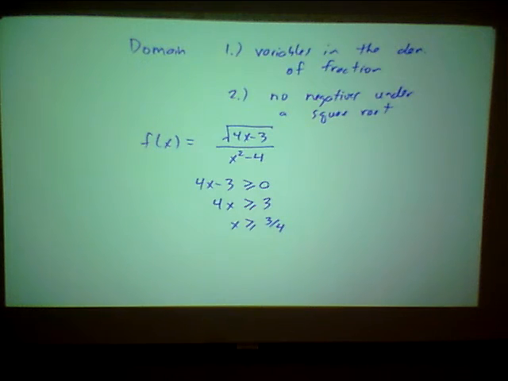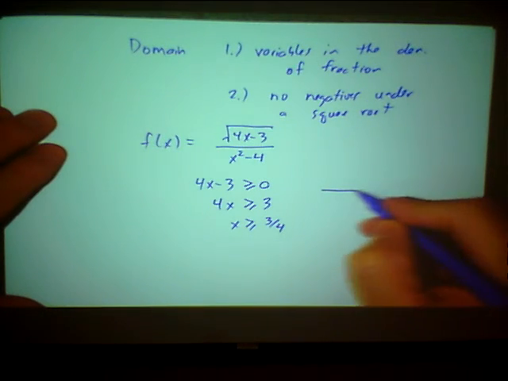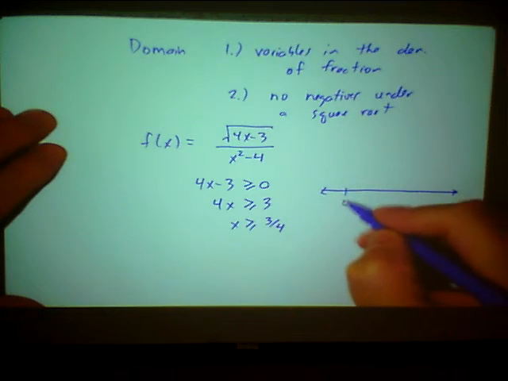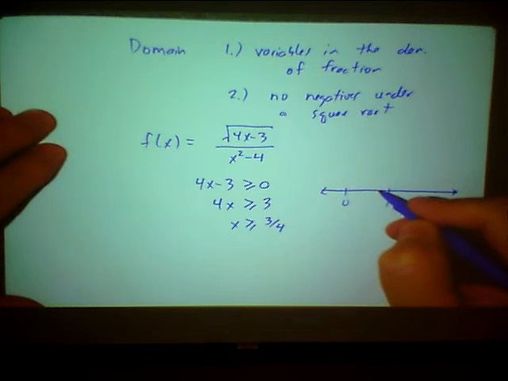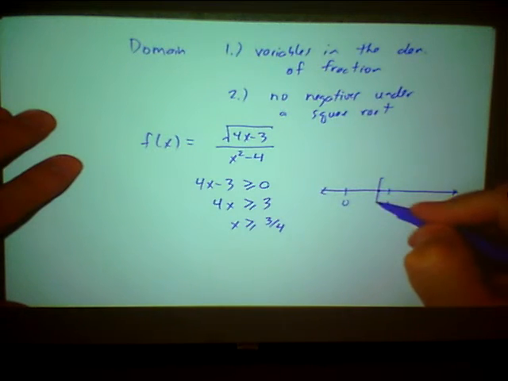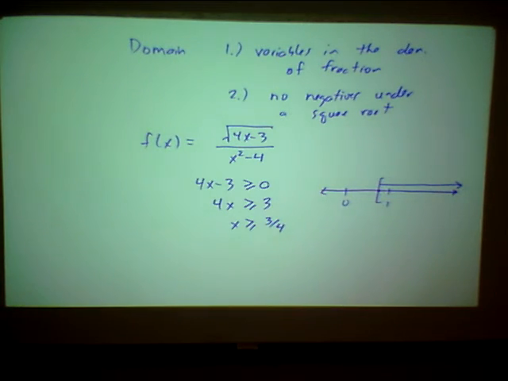I'm going to go ahead and graph that on the number line just to make it very clear. So far, if I look at my domain, here's 3/4. I'm saying x has to be greater than or equal to 3/4. So far, this interval would be my domain. But I'm not done.